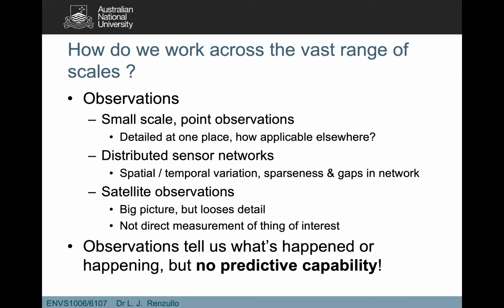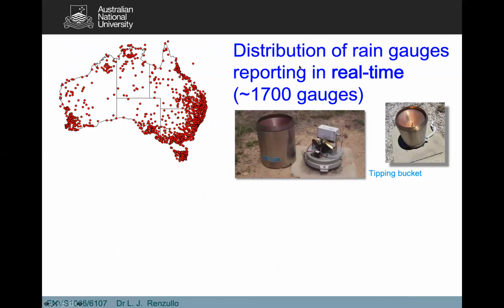As well, these are measurements of the Earth's leaving radiation, and that's not a direct measurement of the thing you might be interested in, like rainfall. You have to translate that measurement of radiation into a rainfall estimate, and that's not always an easy thing to do. But more importantly, observations tell us what's happened or what's happening now. They in themselves don't have any predictive capability. That's where models come in.